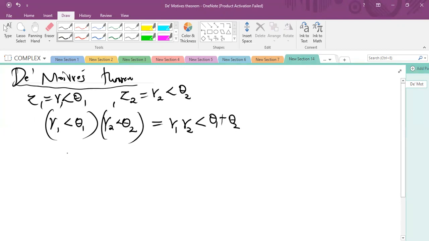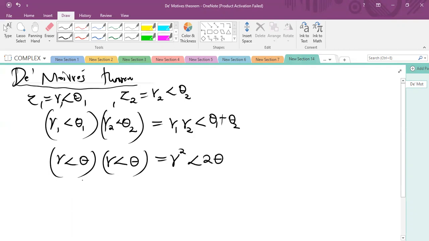Let's say you have R theta, and you're multiplying it by another R theta. This will obviously give us R squared, and then 2 theta.